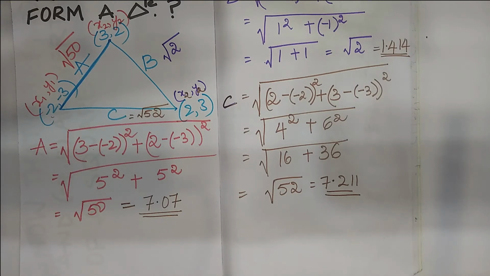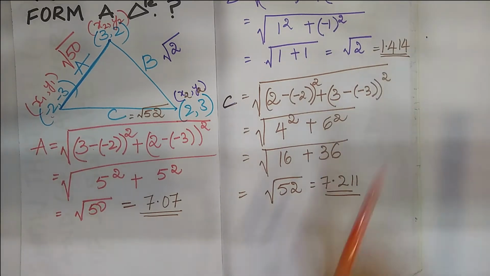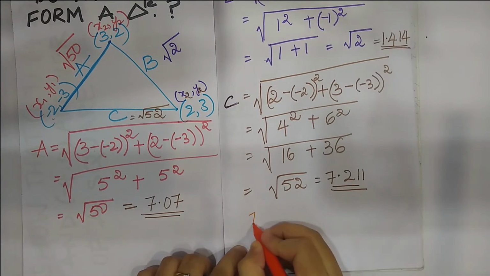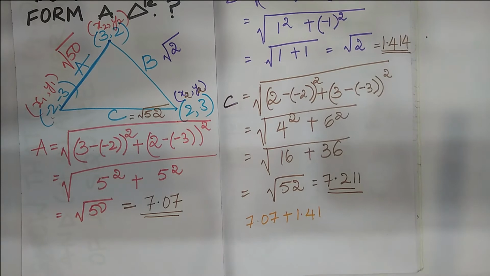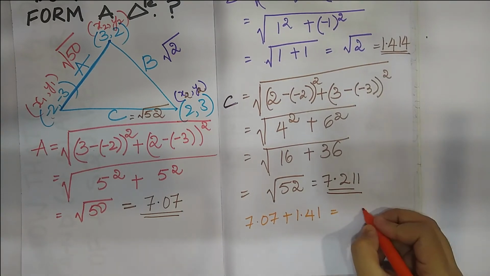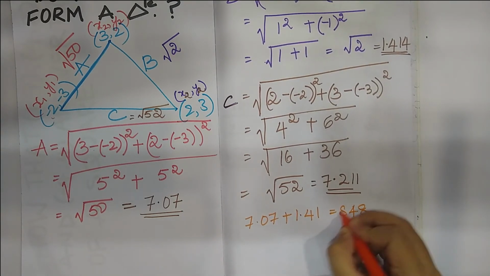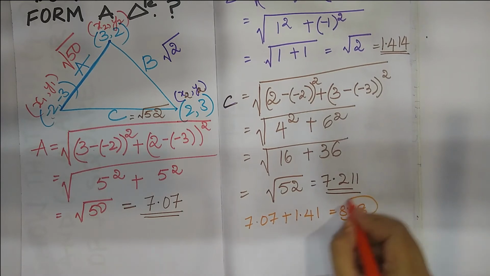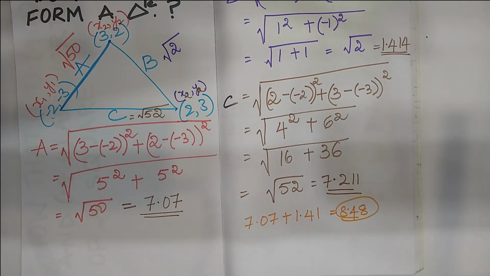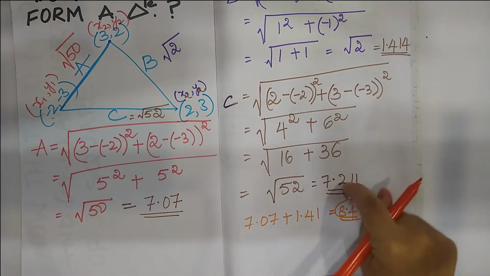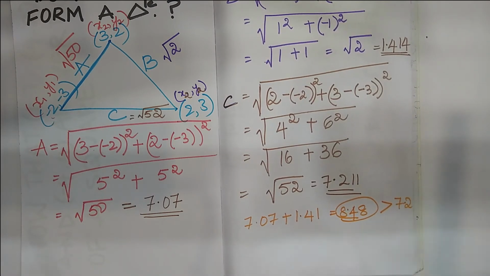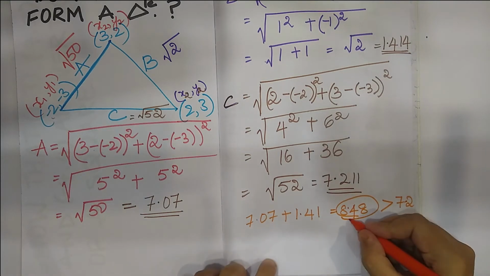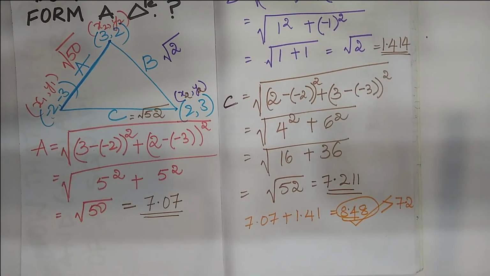So let us take these two sides first. So when you add 7.07 and 1.41, what do you get? You get 8.48. Now is this 8.48 greater than the side that is left out, which is 7.21? Yes, that is true. 8.48 is greater than 7.2. So the first side is satisfied.